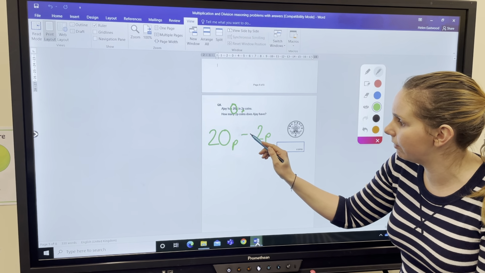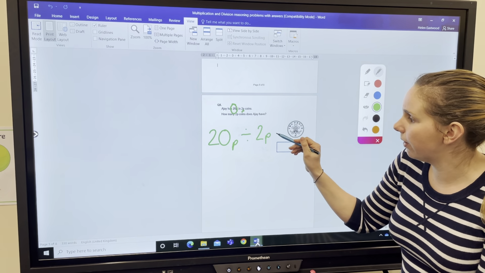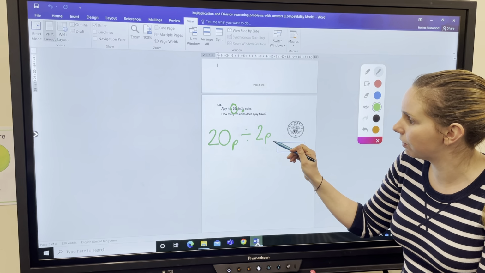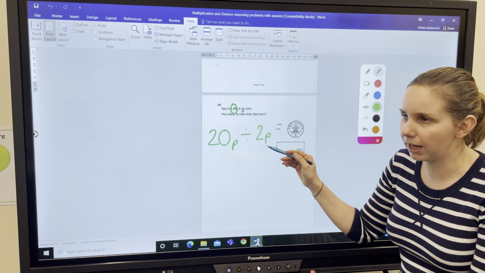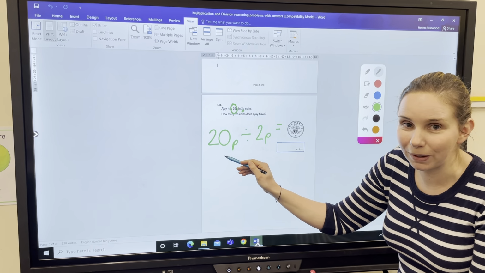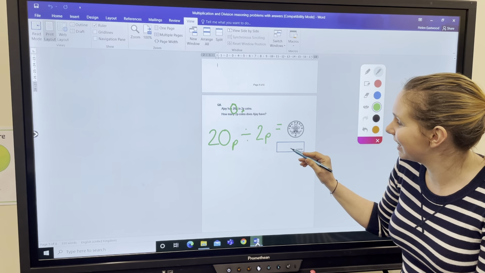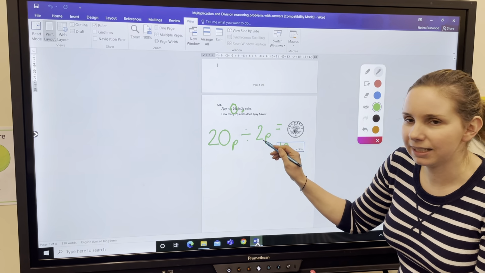So I'm sharing it by 2, I'm dividing it. I need to know how many 2p coins I have. Now, I know that the opposite of dividing is multiplying. What do I multiply 2 by to get 20? The answer is 10, because I know double 10 is 20.